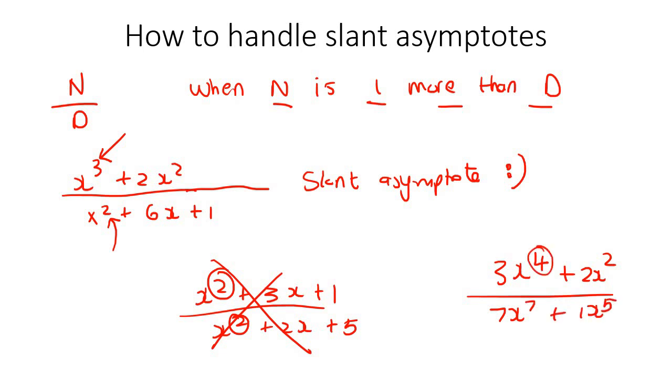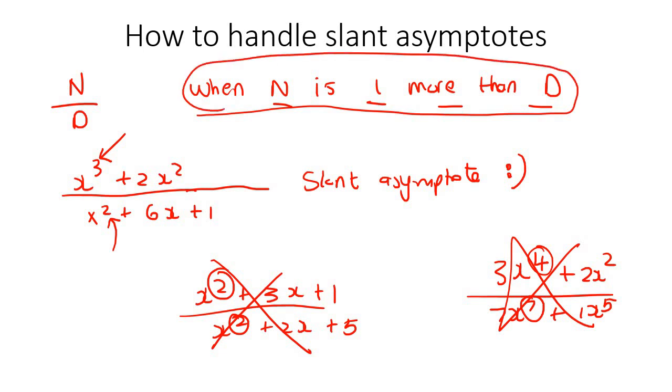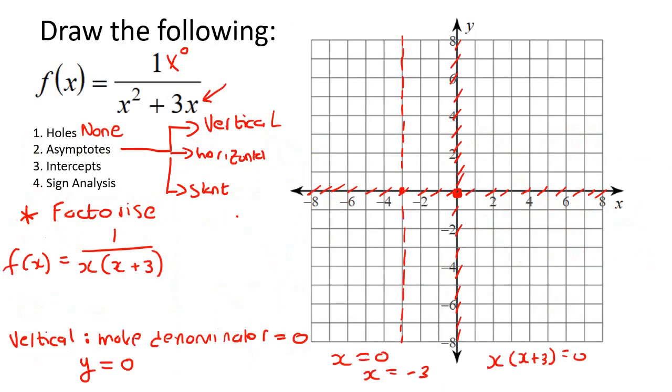The numerator is a 4, the denominator is a 7, no slanted asymptote. There will only be a slanted asymptote when the numerator is exactly 1 more than the denominator. If we look at this example, the numerator has a 0, the denominator has a 2, so you are not going to get a slanted asymptote.